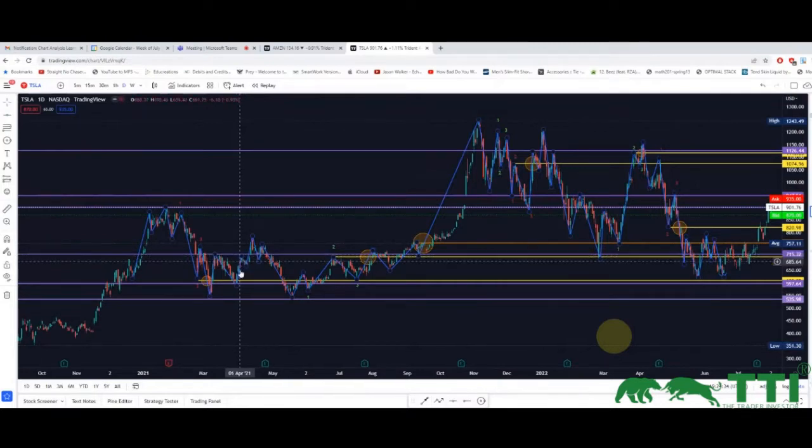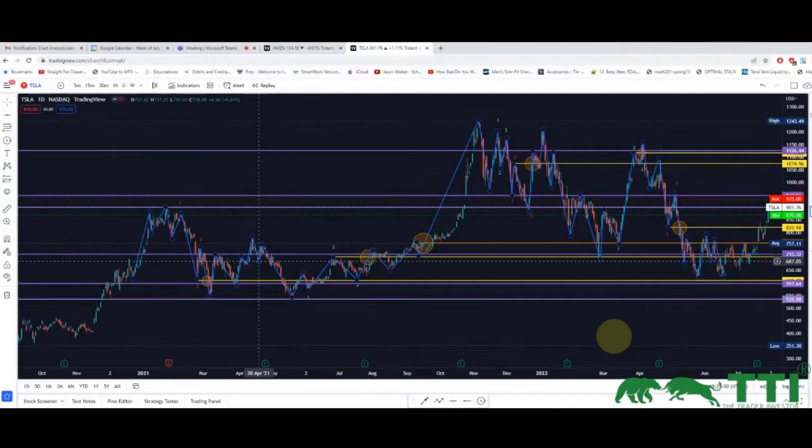But then you see, okay, higher low, higher high, but then you get a lower high. I think you get both of them in that area.